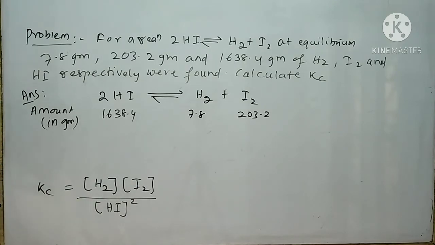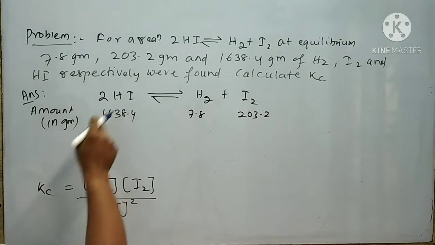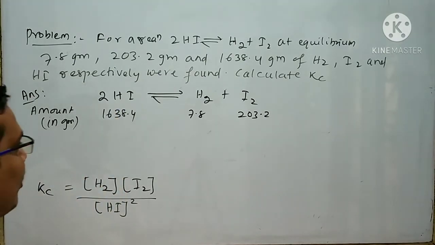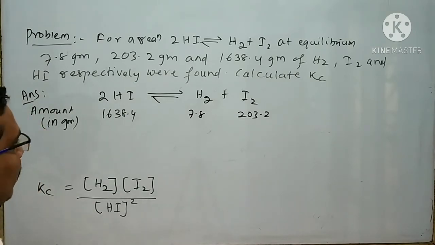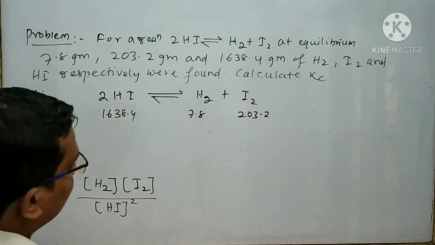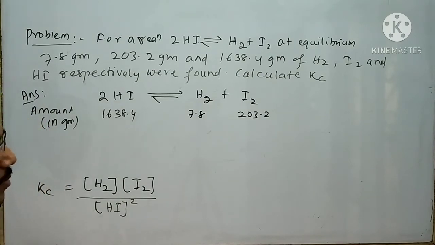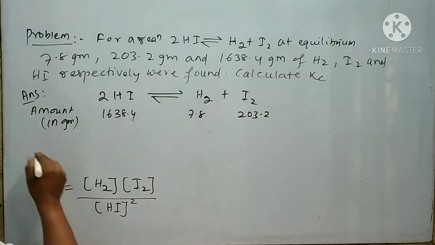For this equation we need the molar concentration, but here the amount of substance is given, so we have to convert the weight into mole. Now our aim is to find out the number of mole of HI and also the number of mole of hydrogen and iodine. We know that number of mole equal to weight of the substance divided by molecular mass.